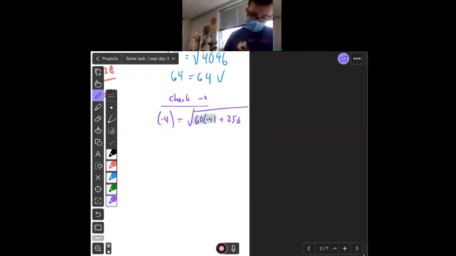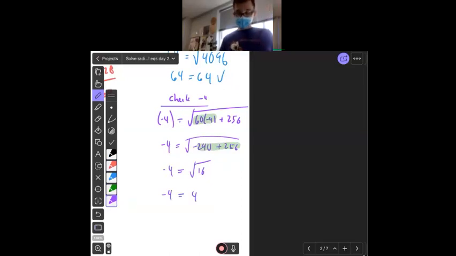That gives me negative 4 on the left, square root of negative 240. That's 256. Do my addition here. Negative 4 on the left, square root of 16. Negative 4 equals 4.